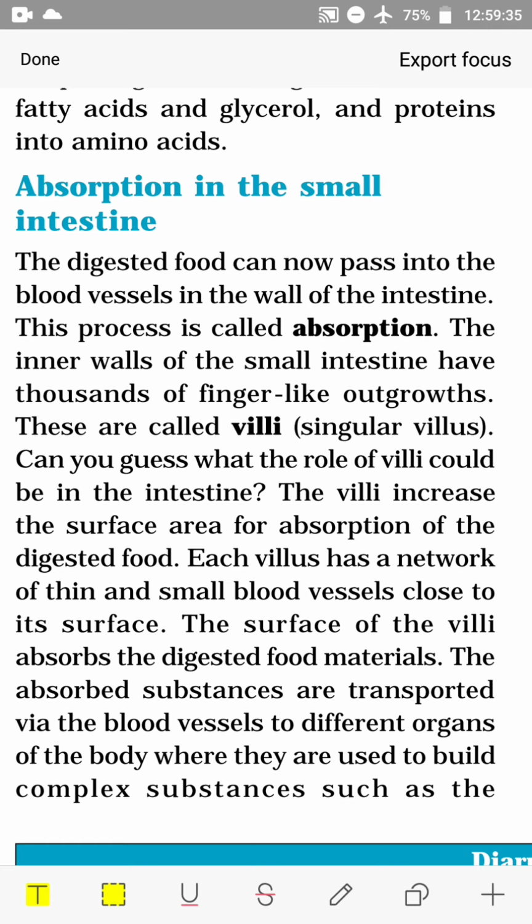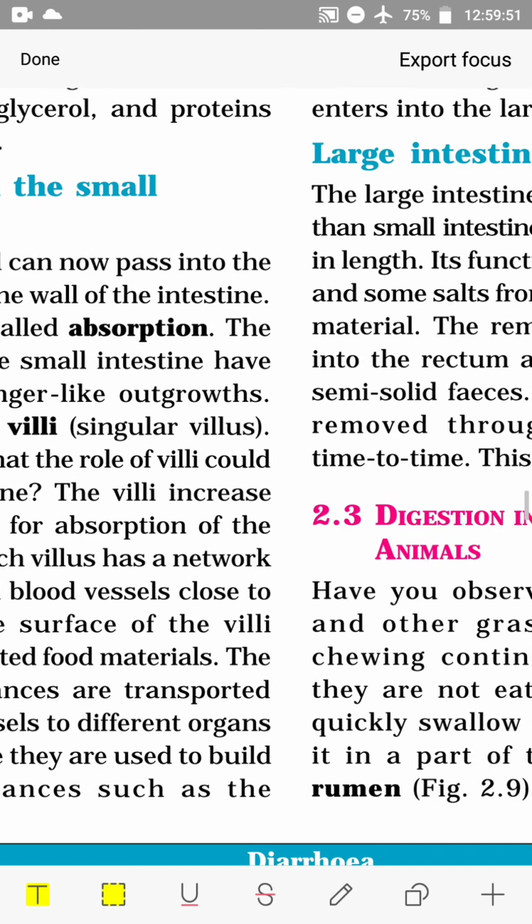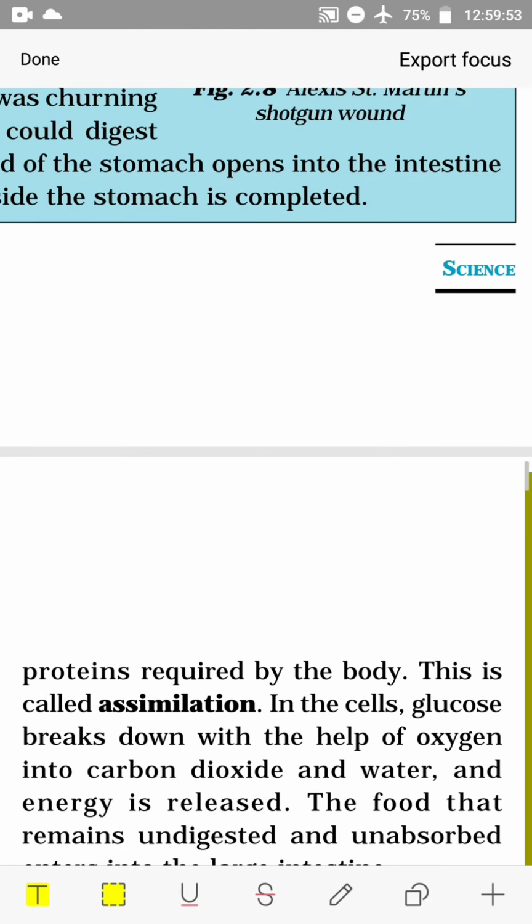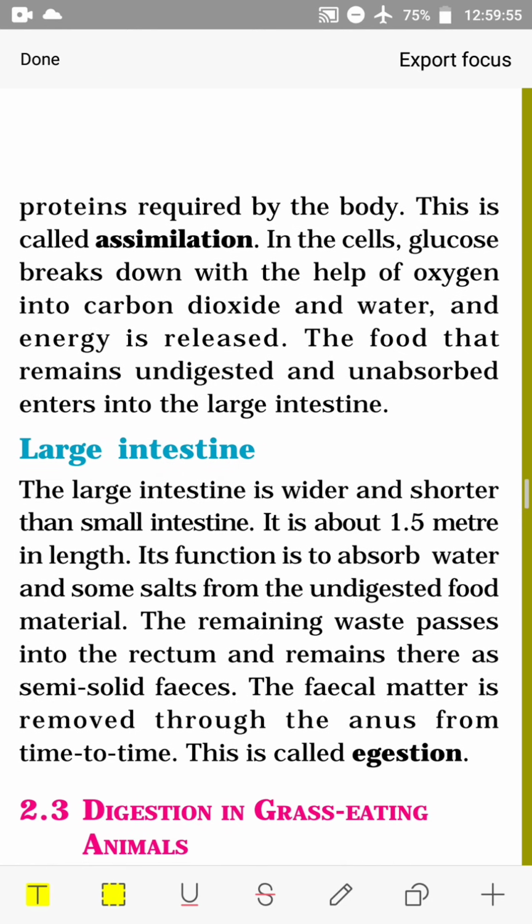So, food is absorbed in the next part of the small intestine, and after that it enters into the blood, and through the blood it reaches different organs of the body where they are used to build complex substances such as the proteins required by our body.